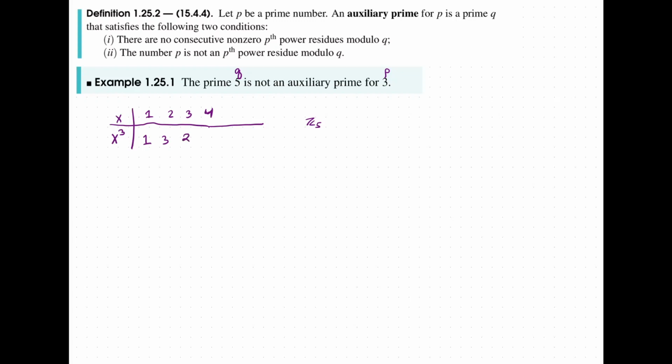4 cubed, we are going to get 64, which is going to be 4 modulo 5. So we have this here. So consequently, we have that 1, 2, 3, and 4 are third power residues, or cubic residues, modulo 5, but they are consecutive. 1, 2, 3, 4.